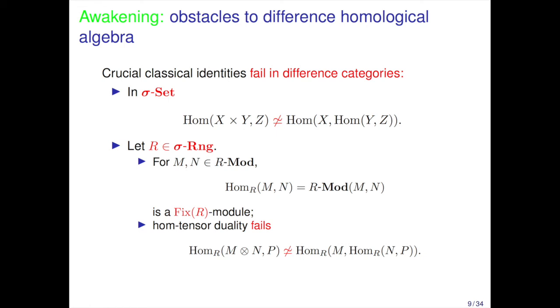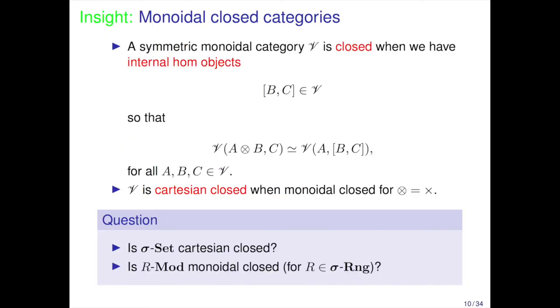Again, if you look at difference R module homomorphisms, it doesn't have a structure of a difference R module. The best you can say is maybe that it's a module over the fixed ring of R. So Hom tensor duality badly fails. And again, if you try to impose some difference operator here, this will be way too small to make it work. So that's our awakening step.